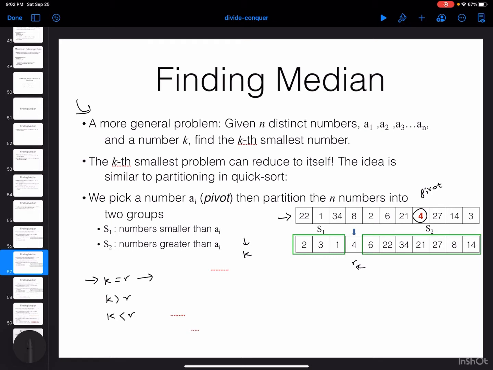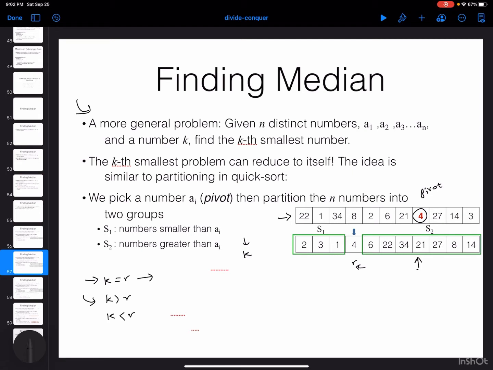But what if the value of k, the rank that we are looking for, is greater than r? Then the actual value that we are looking for will be in this part of the array, on the right side of the array. We can call the same problem of finding the kth smallest item, but just change the value of k.